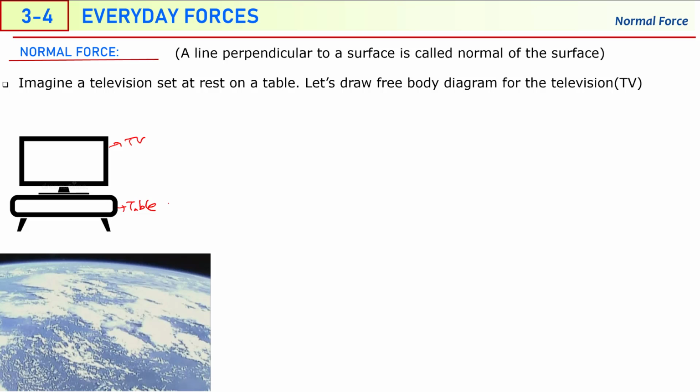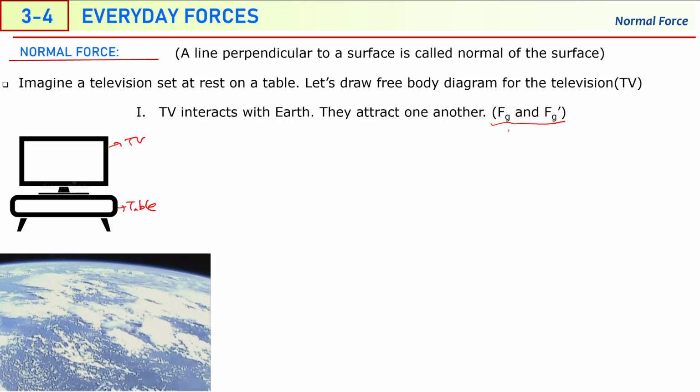One of them is that the television and Earth interact with one another. They attract one another. Earth attracts the television, and the television in turn also attracts the Earth. So these are the first action-reaction pairs.